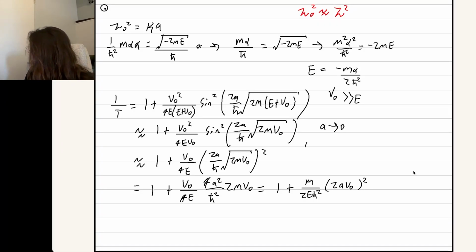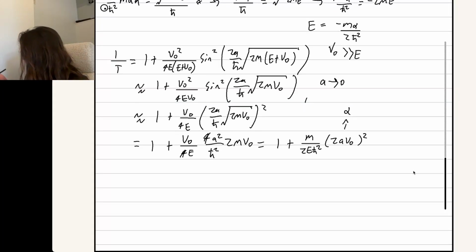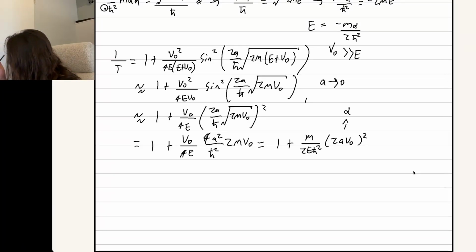Moving both of the 2's into the square. But then that's just alpha again. Or not the definition, what we surmised was alpha. So we can write this as 1 plus m alpha squared over 2E h bar squared.